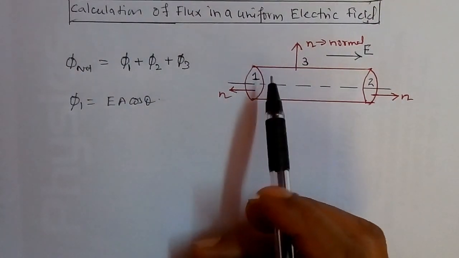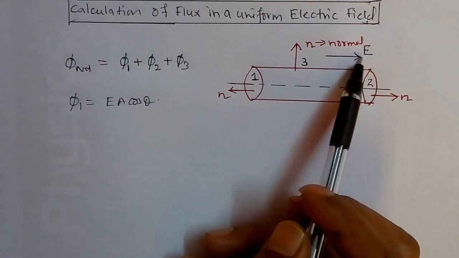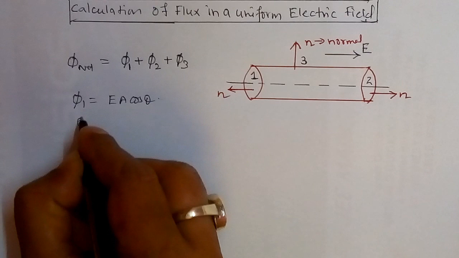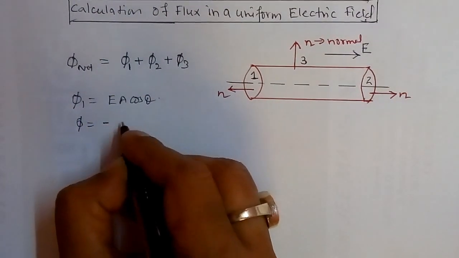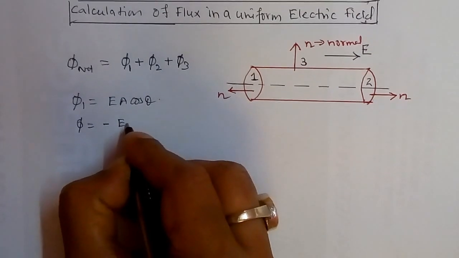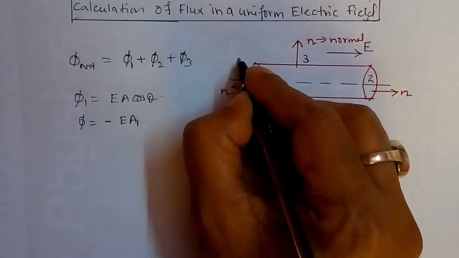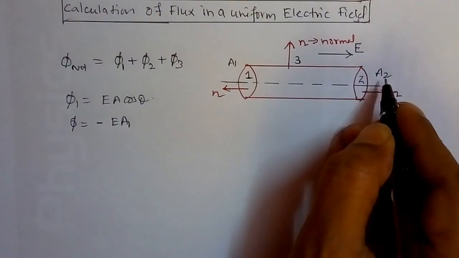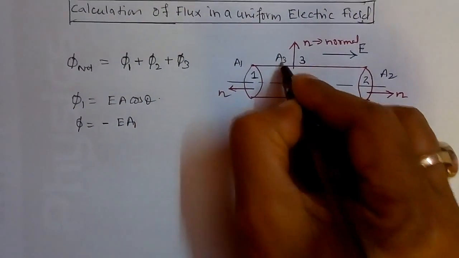As we can see, the normal to the first surface is anti-parallel to the electric field E. So we can write down phi 1 to be minus E into A1. Say this is our area A1, this is our area A2, and of course A1 and A2 are similar, and this could be chosen as area A3.